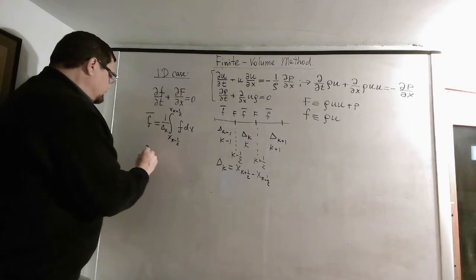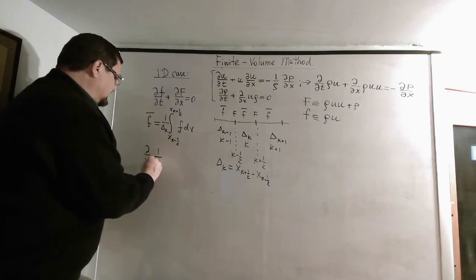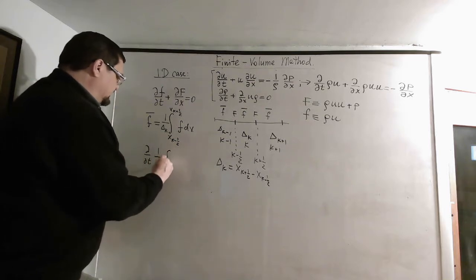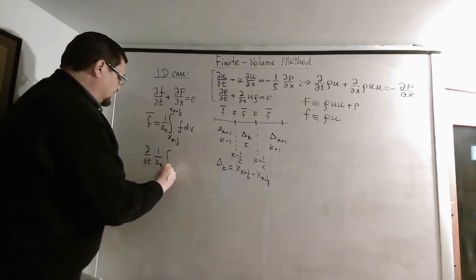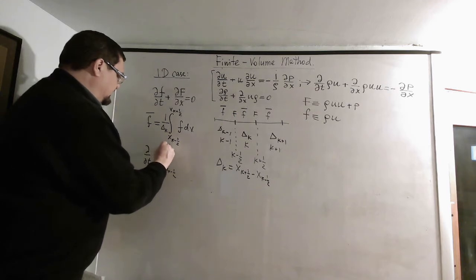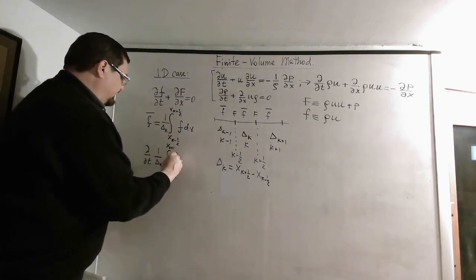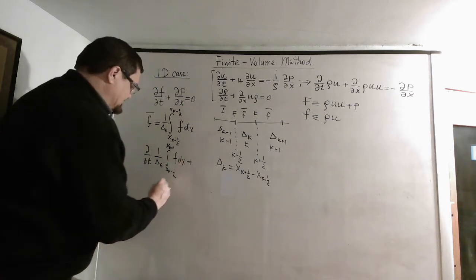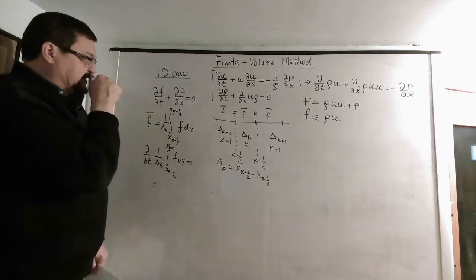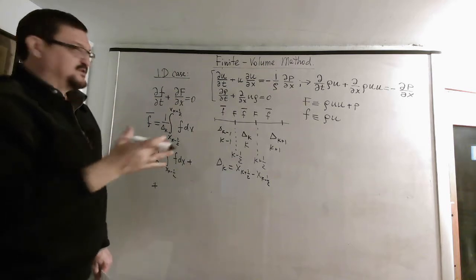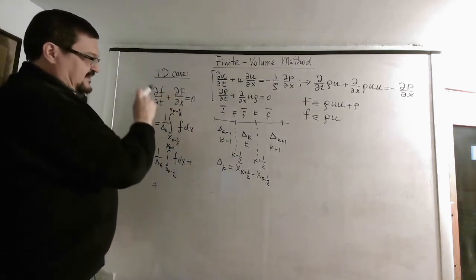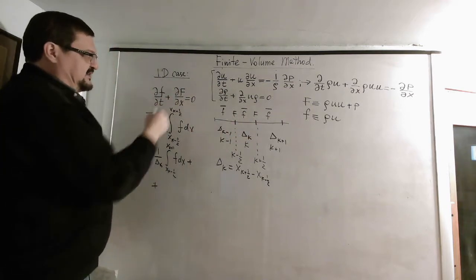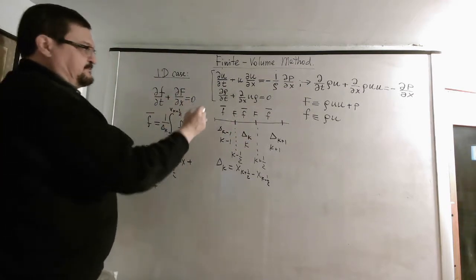We have 1 over delta k times the integral from x k minus 1/2 to x k plus 1/2 of f dx, plus, now the integral of dF dx is of course equal to F at this point minus F at this point, because you can integrate a derivative as we did before.